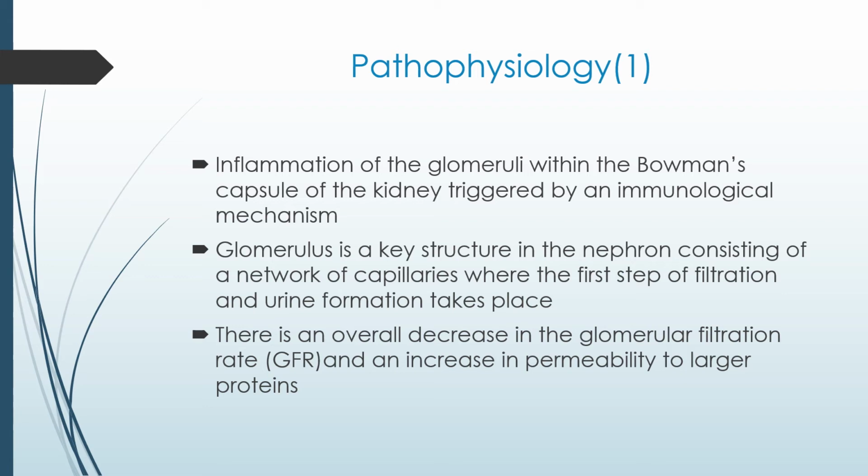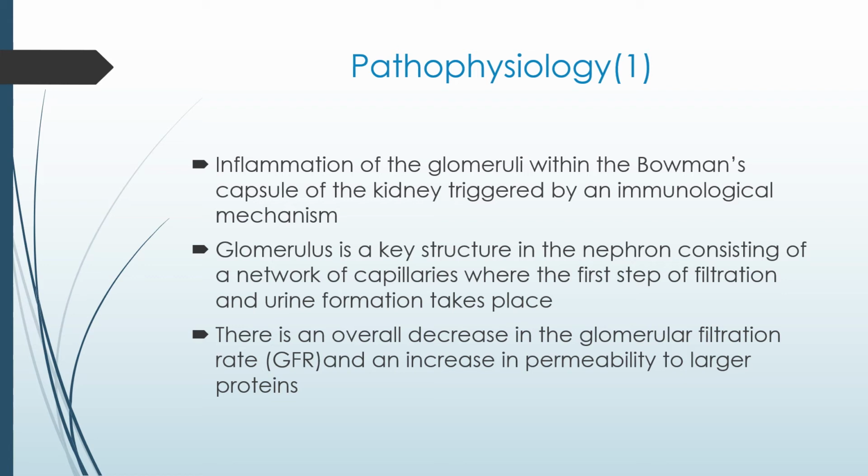Glomerulus is a key structure in the nephron consisting of a network of capillaries where the first step of filtration and urine formation takes place. So remember, way back in the last hour or so when we were talking about the anatomy of the kidney, and we said that the nephron was where the urine was filtered and then created, right? So if you need to, you can go back and review that slide or review that information.